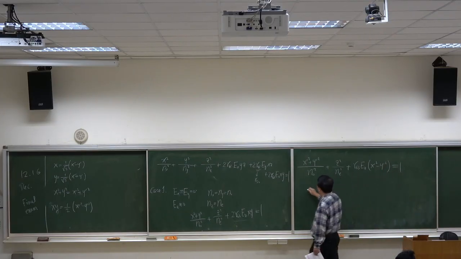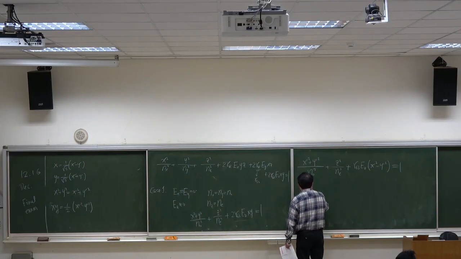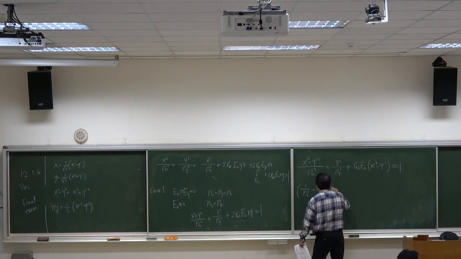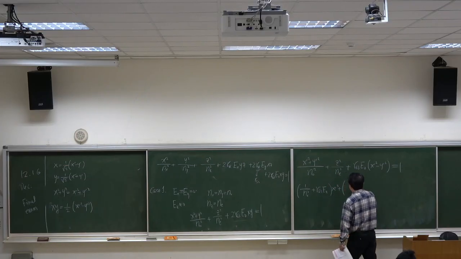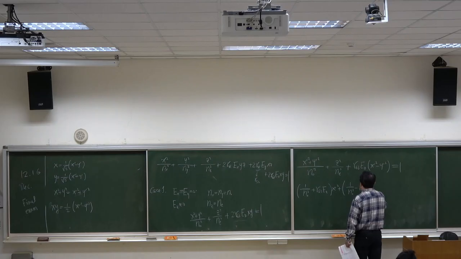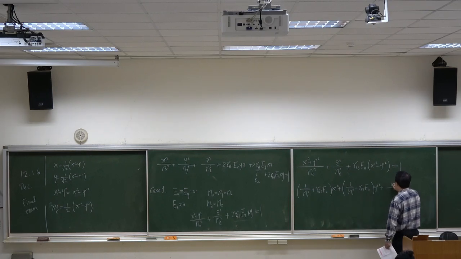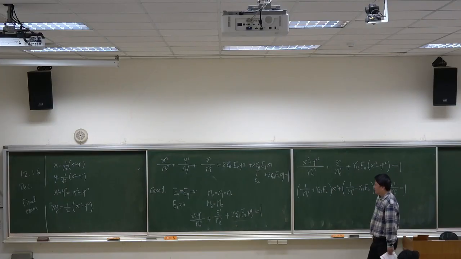So this means that we have 1 over no squared plus R63 EZ times x prime squared, plus 1 over no squared minus R63 EZ times y prime squared, plus z squared over ne squared equal to 1.